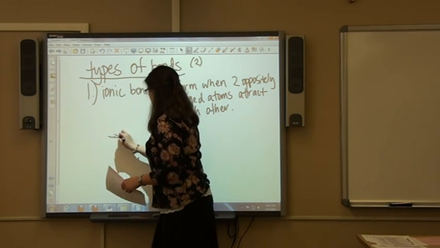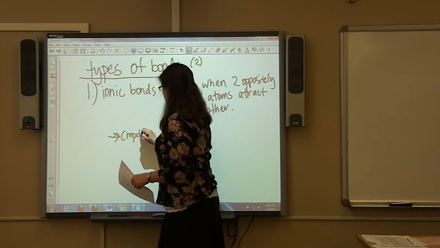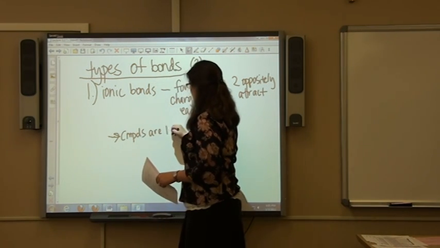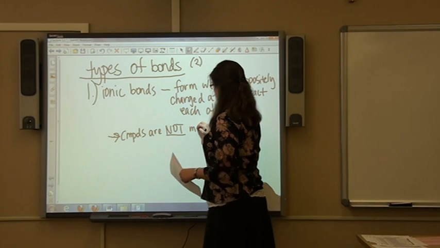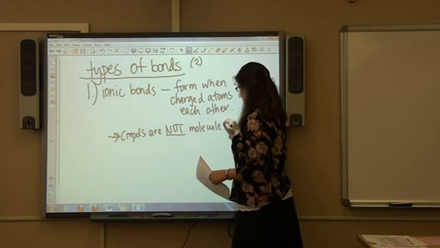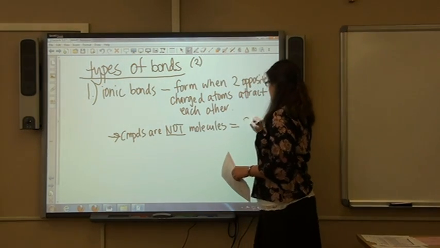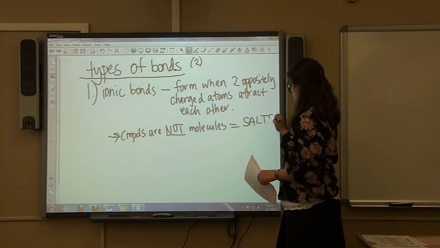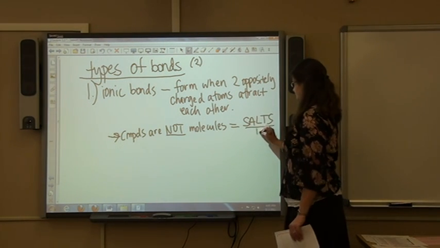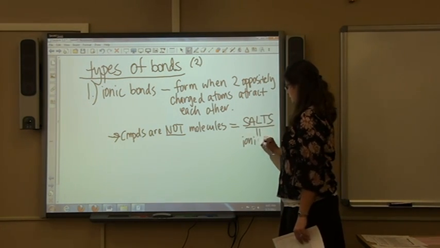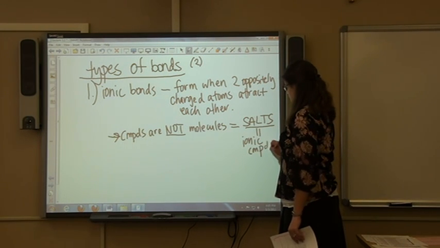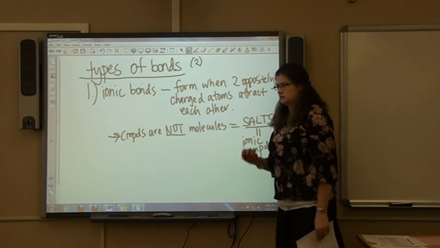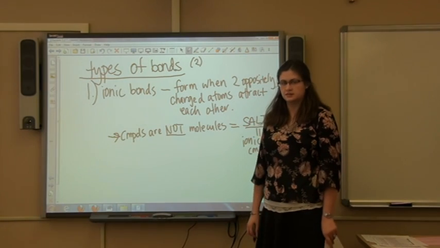A better way to explain it. Ionic compounds are not called molecules. They are called salts. Ionic compounds are called salts, just like table salt is an ionic compound.